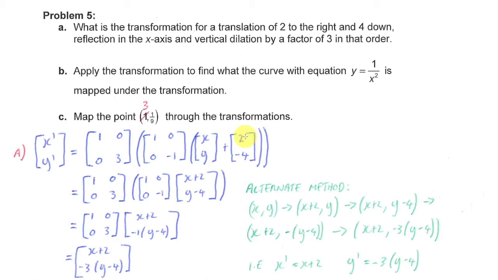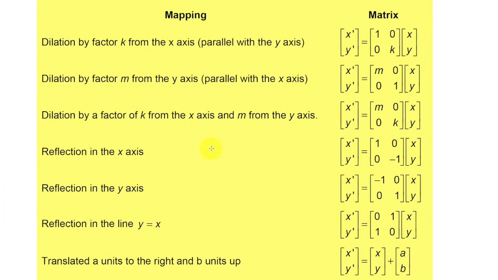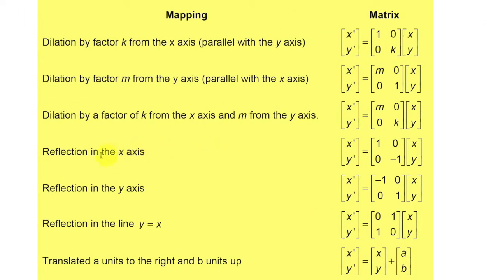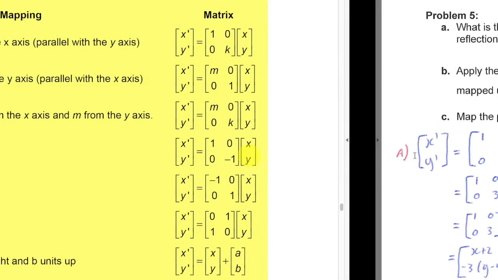All right, now the next part is that we want a reflection in the x-axis. So if I go to reflection in the x-axis, here it is, my setup should be is that my new xy will be the original being pre-multiplied by that matrix. In my case, the original is going to be the result of that first stage.